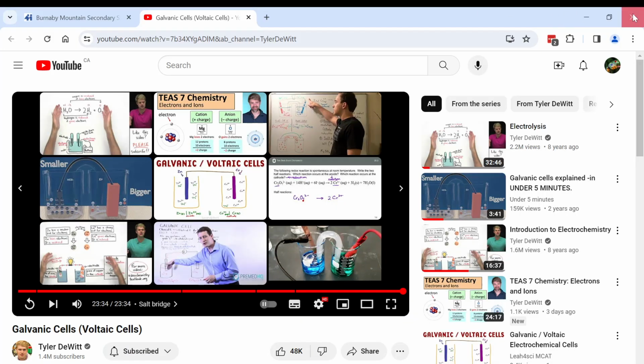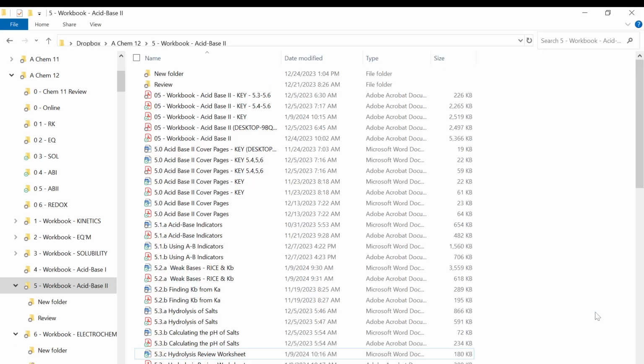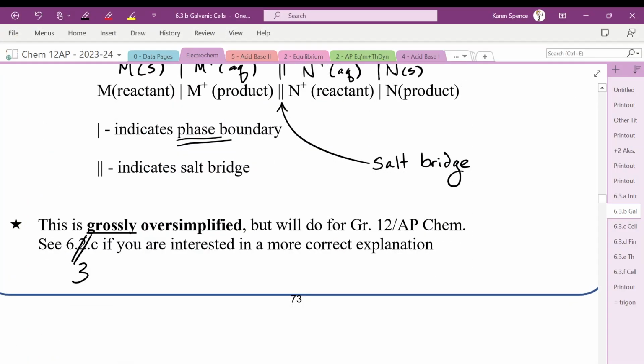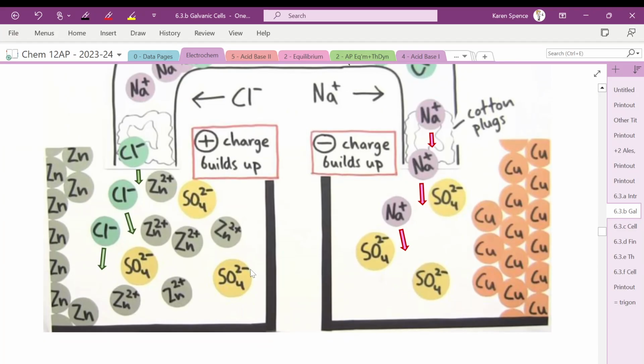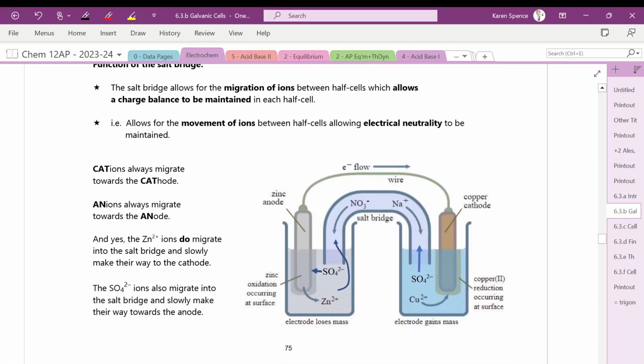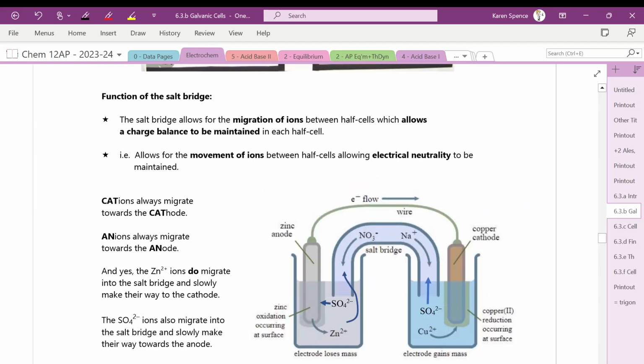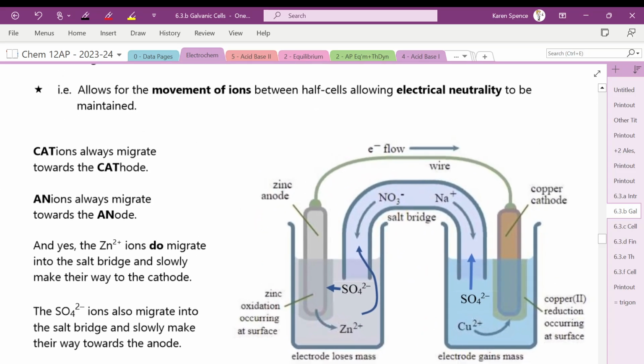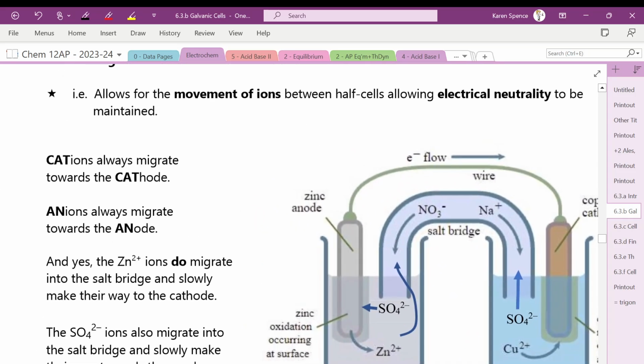Okay. Now, just before we finish up with this, we're just going to take a look at a couple other things here. So, things to take note of. The reason the cathode is called the cathode is because that's where the cations migrate to.